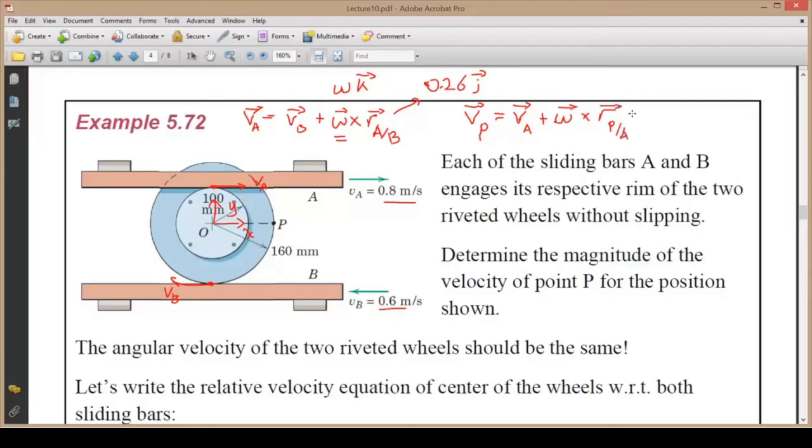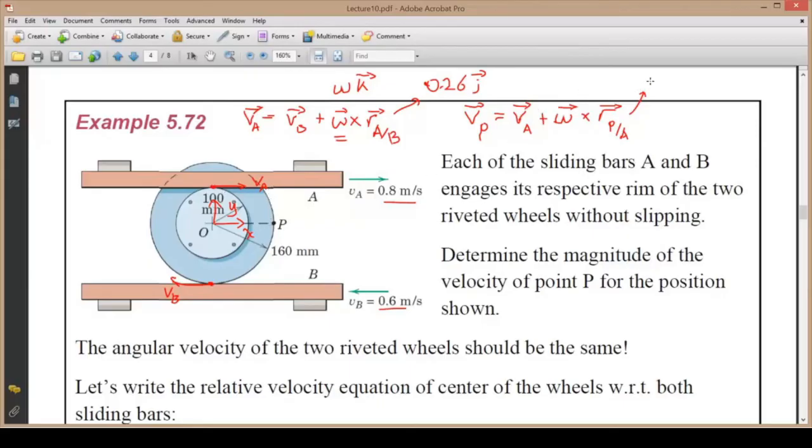And P relative to A is something I can write out. This is in the x direction 160. By the way, we are writing this distance vector from A to P. From A to P, we go in the x direction and in the negative y direction.